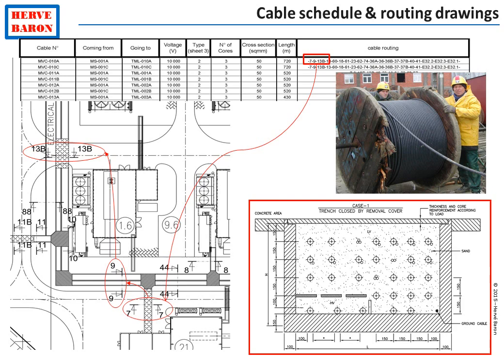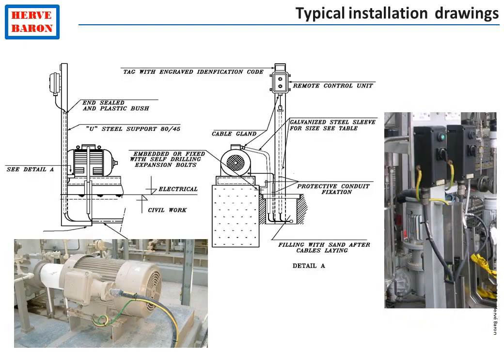The cable schedule, together with the cable routing drawing, will allow to install the cables at site. Typical installation drawings will be issued, such as the one shown here for a local motor control station.